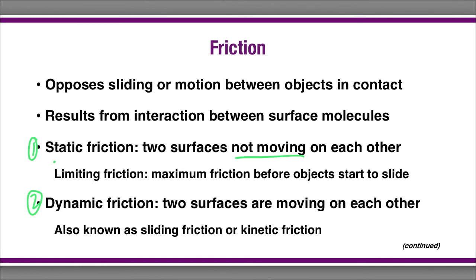And one important component of static friction is what's called limiting friction, which is the amount of friction that must be overcome before an object can start to slide on another object. Dynamic friction is when two surfaces are moving on one another, of course in opposite directions. And this is also known as sliding friction or kinetic friction.